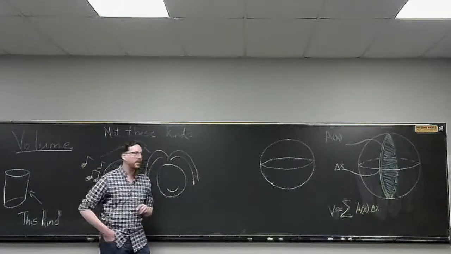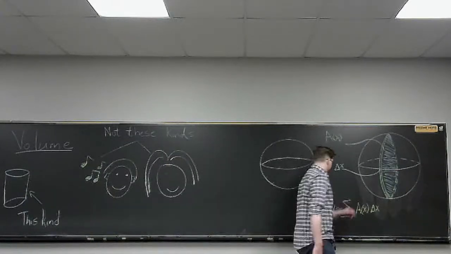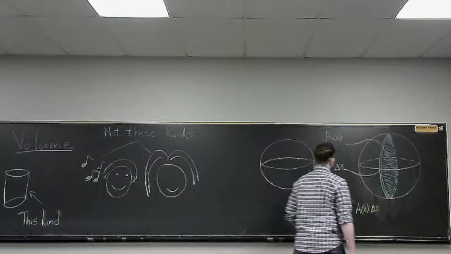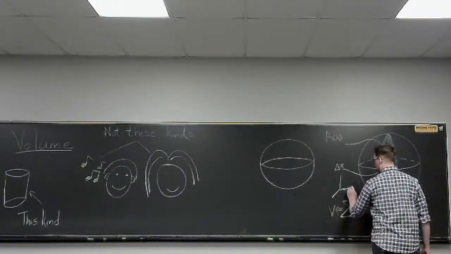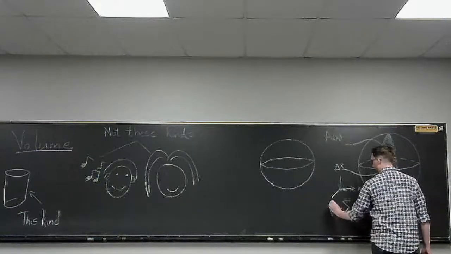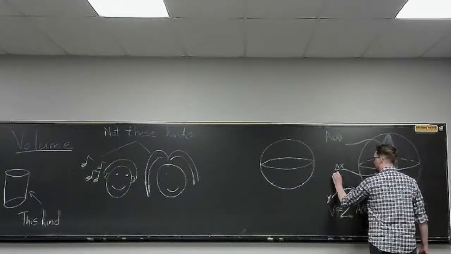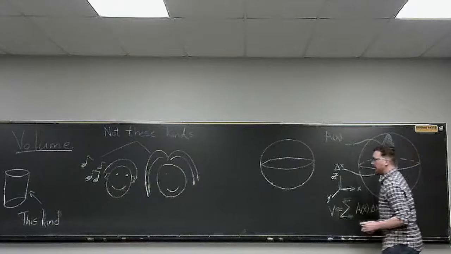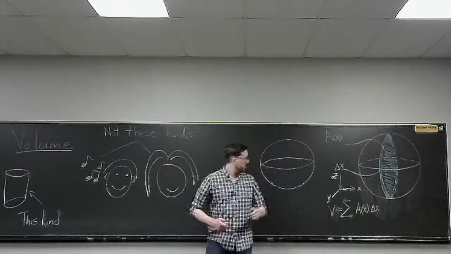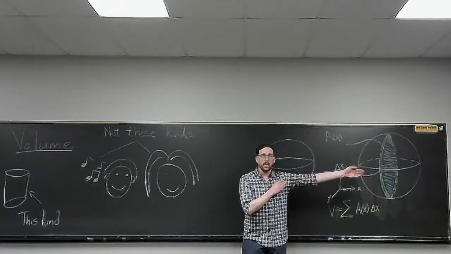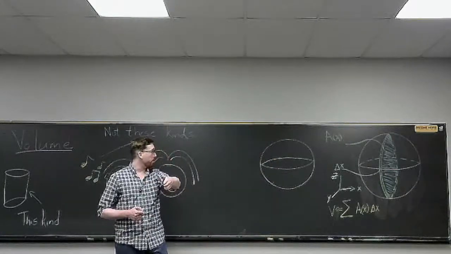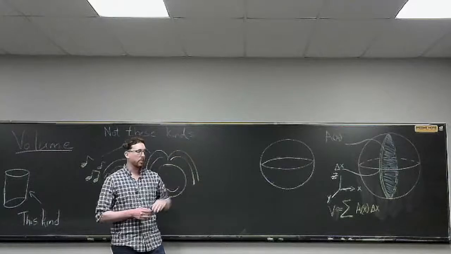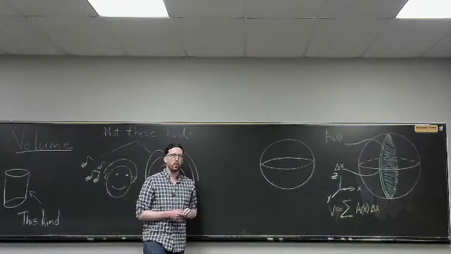We could do that by setting up a coordinate system so that the x-axis is moving this way, the y-axis is coming out of the board and the z-axis is up. This is just to give us some sense of orientation here.